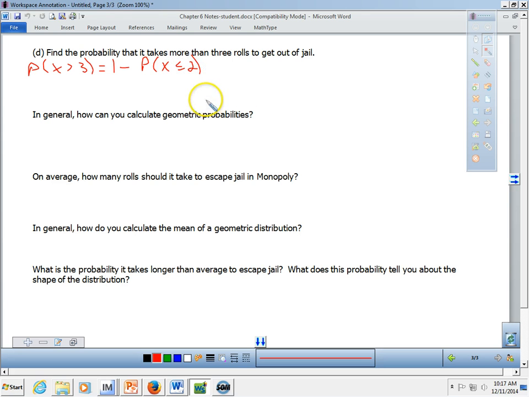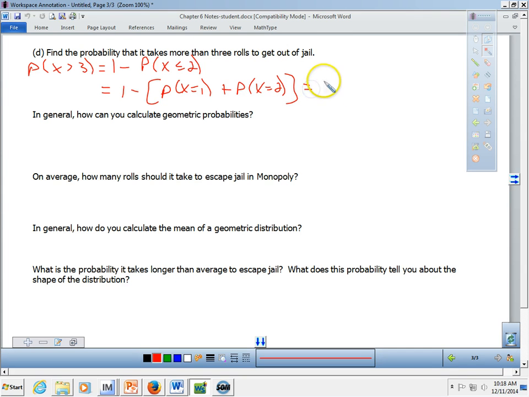So I want to find the probability of x being less than or equal to 2. How would we get doubles on trials less than or equal to 2? Well, it might happen on the first roll, or it might happen on the second roll, and it would satisfy both of those situations.